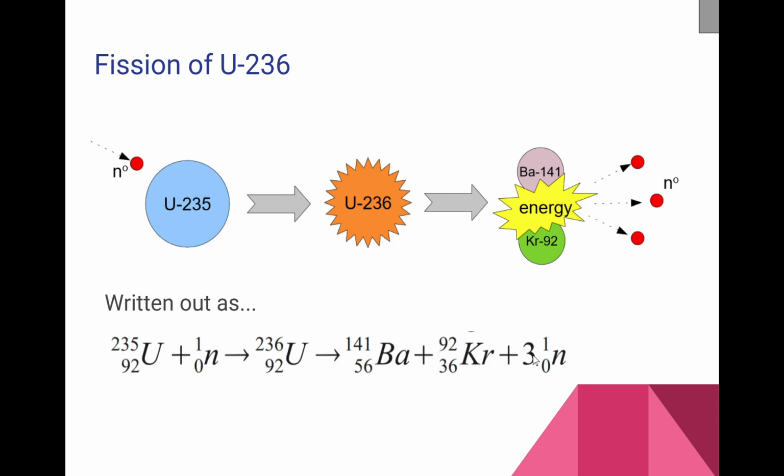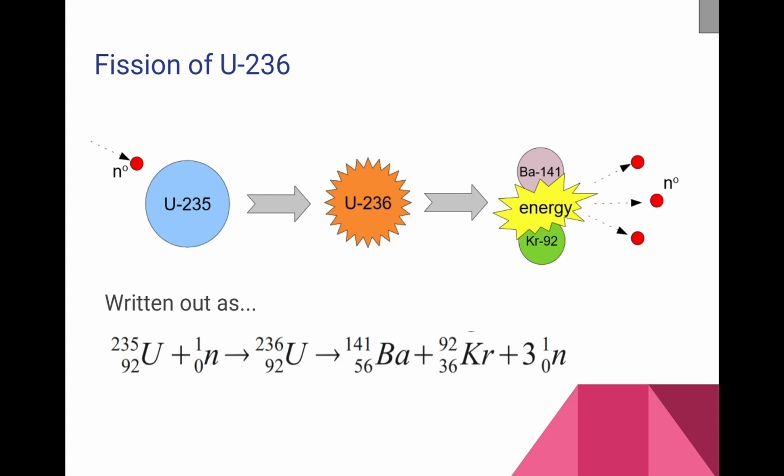Now be careful here because it's 3 times 1, so that's 3 there with the neutrons. That gives us our 236. So conservation of charge and nucleons is working across everything totally fine, just the way we would expect it to.